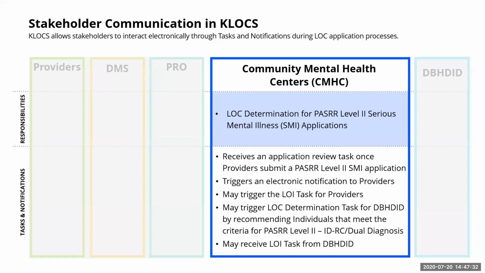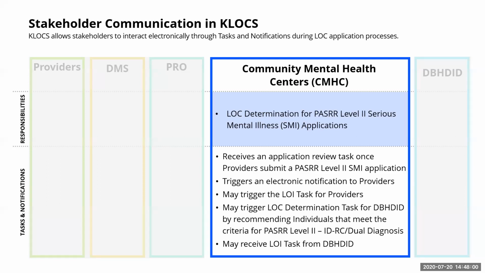They're also going to trigger a review task for BDID after they complete a review for the ID/RC dual recommendation applications. CMHCs may also trigger electronic notifications to providers once an LOC determination is made, or just like the PRO, they may also trigger the lack of information task for providers when applicable.